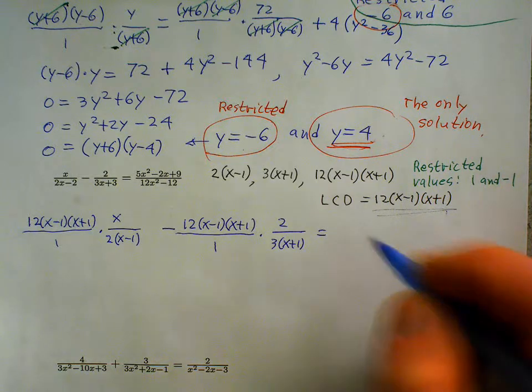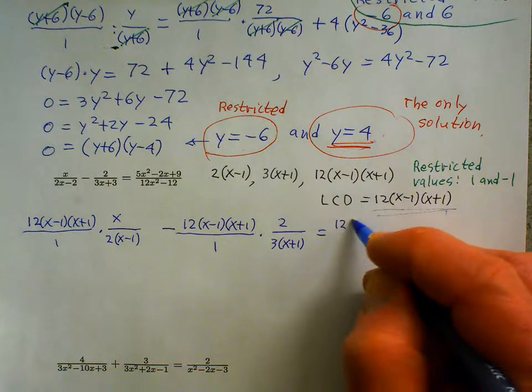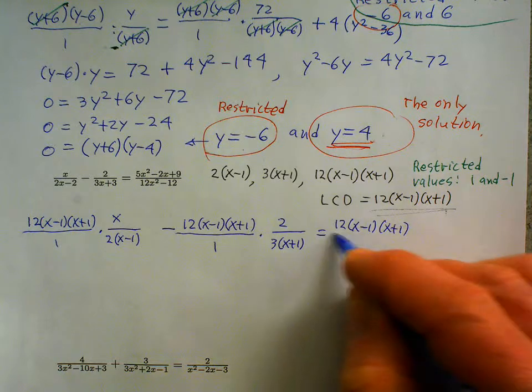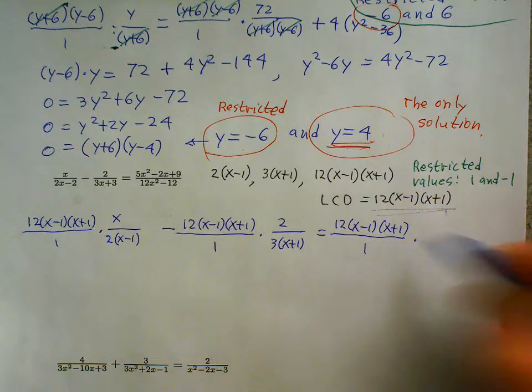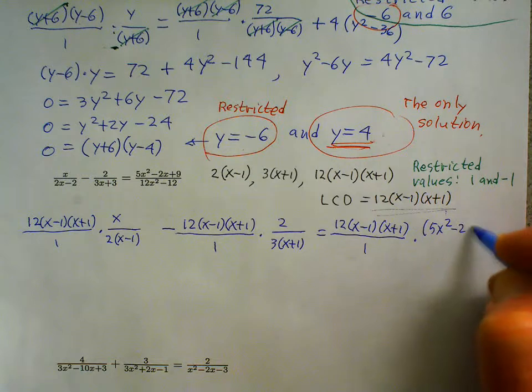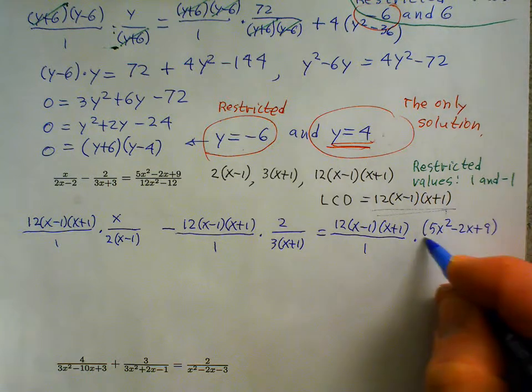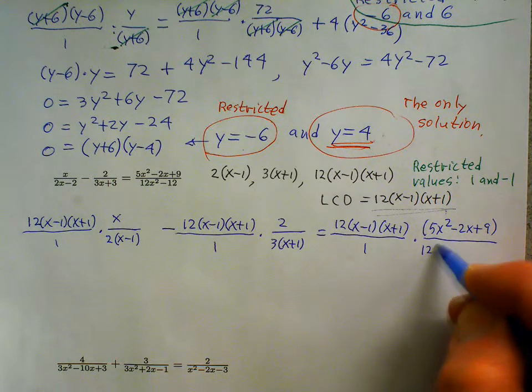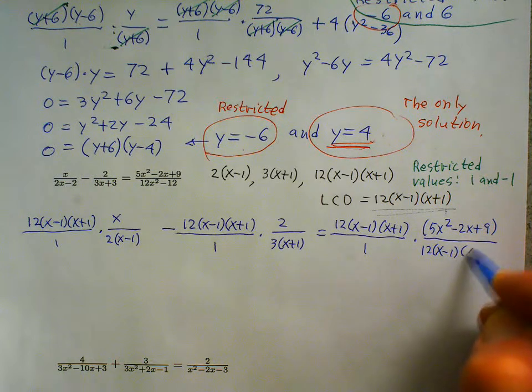And on the right-hand side, 12 times x minus 1 times x plus 1 over 1 times 5x squared minus 2x plus 9 over 12 times x minus 1 times x plus 1.